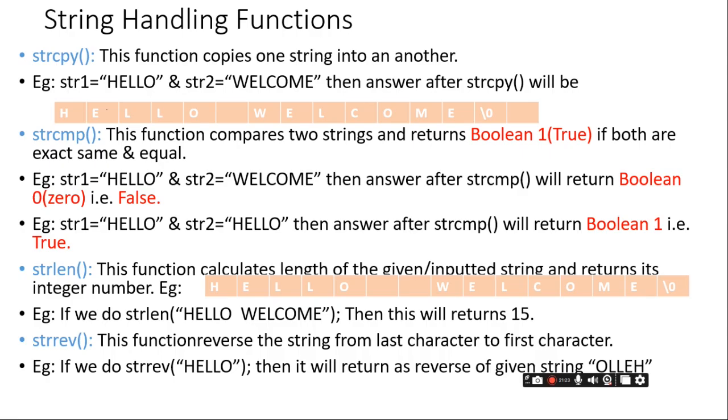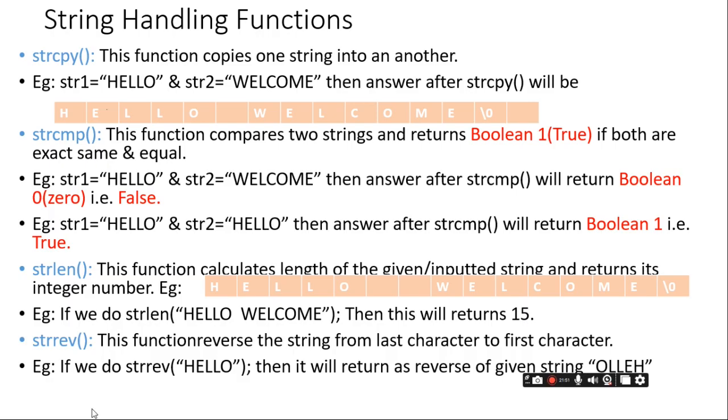That is, one is string, short form str, and the other word which has the actual functional criteria, that is cpy stands for copy, cmp stands for compare, then len stands for shortcut word of length, and rev stands for reverse.